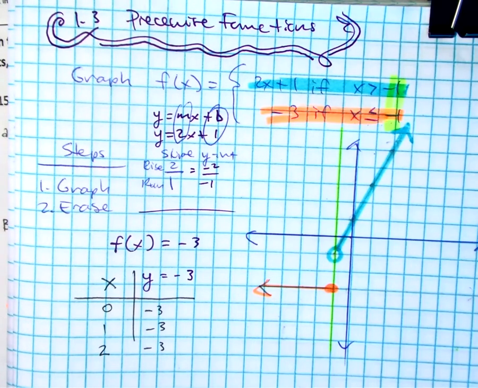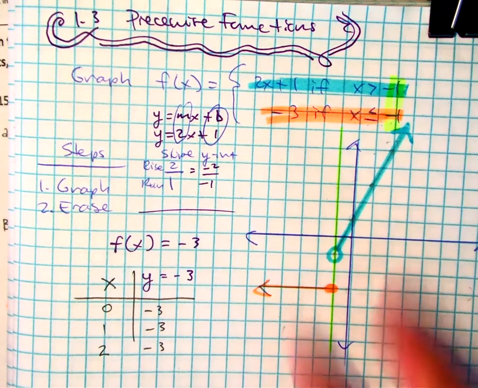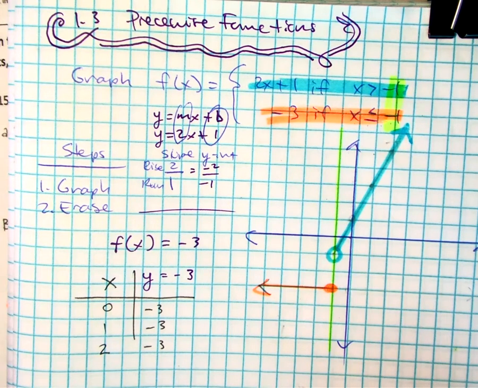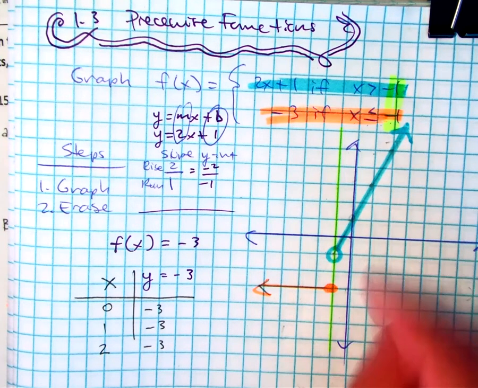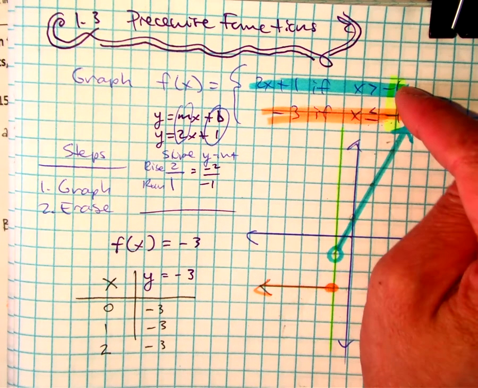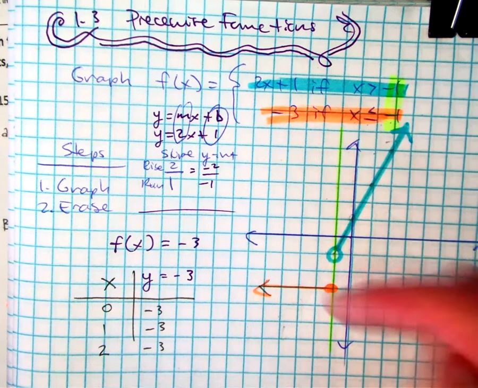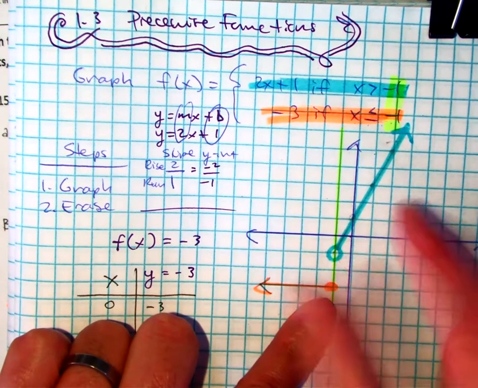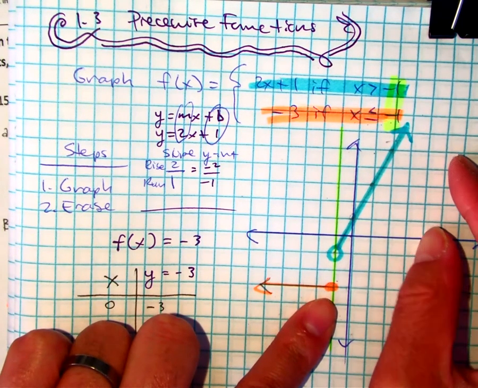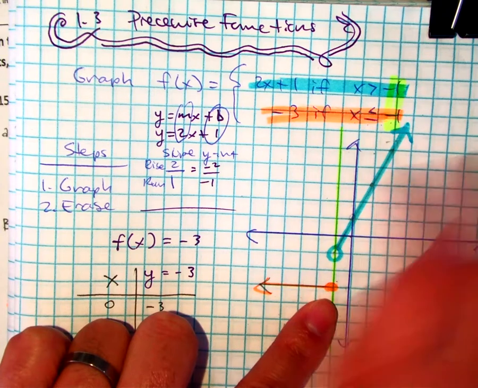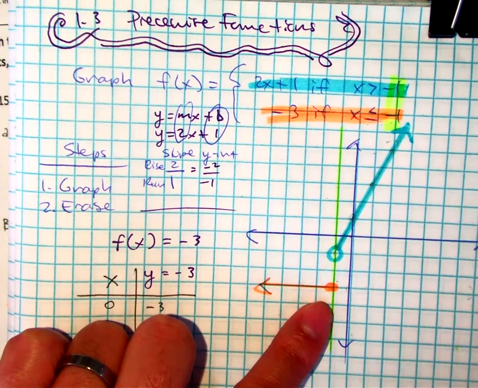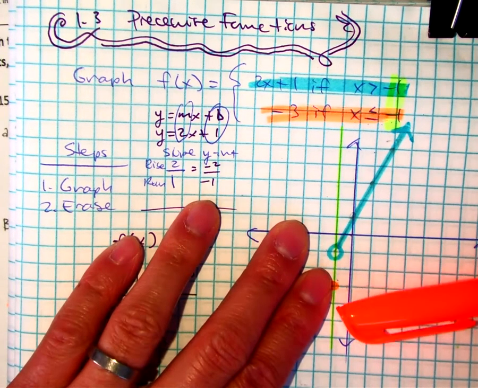And this is our piecewise function. It has two pieces. Some quick ways to know if you've done it correctly: not all the time are they going to be right on top of each other. It can be off. They will never overlap. You will never have a blue and an orange graph over each other like this.